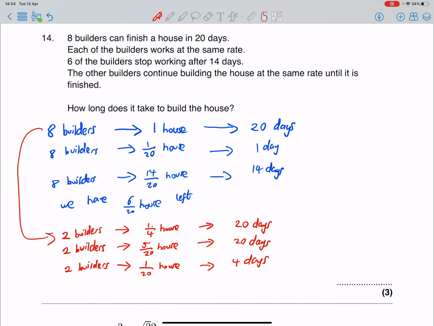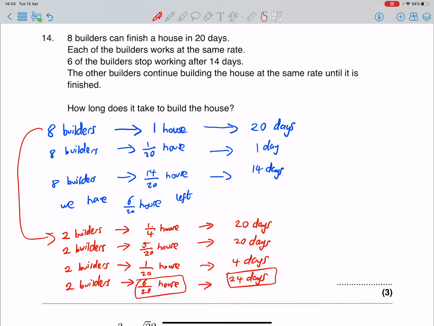Then if I times by 6 for the house part, the two builders will build 6/20ths of a house, and that will be in 4 times 6, which is 24 days. So it takes two builders to build the remaining 6/20ths of the house in 24 days.